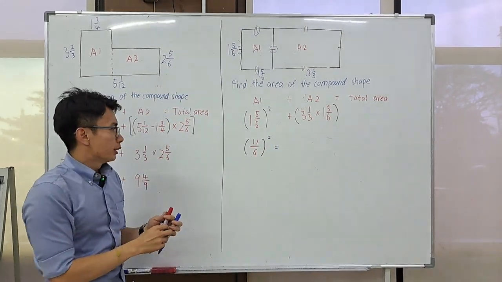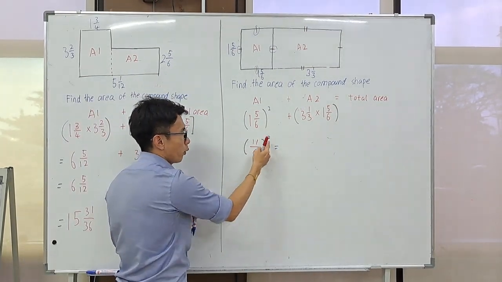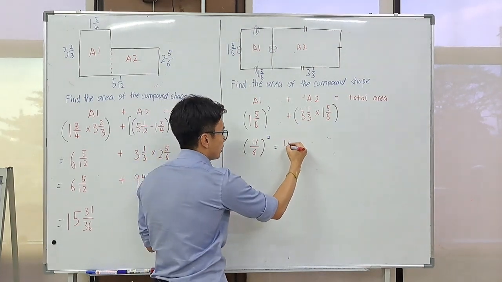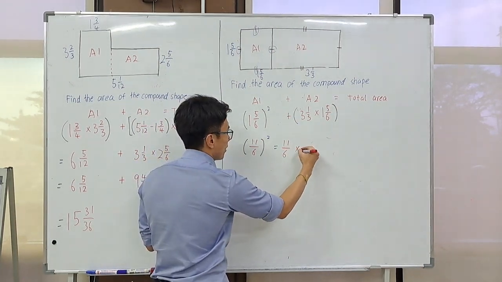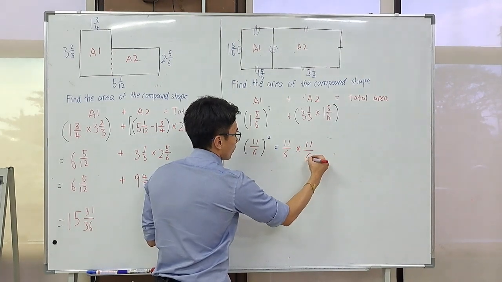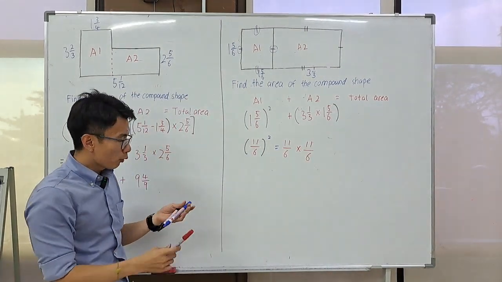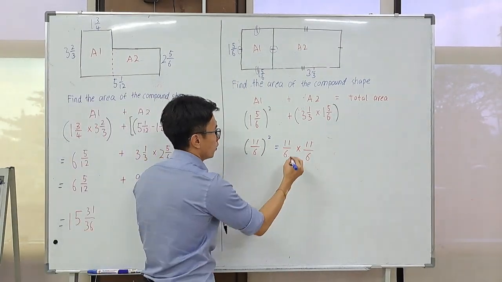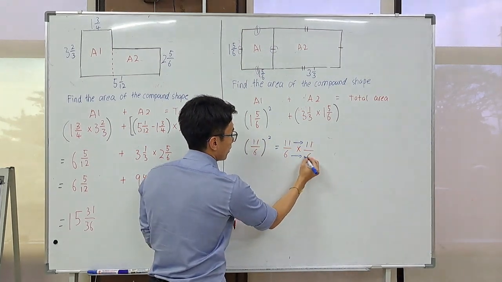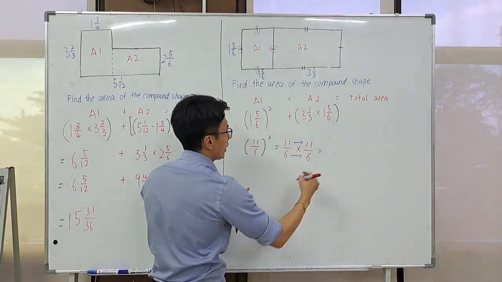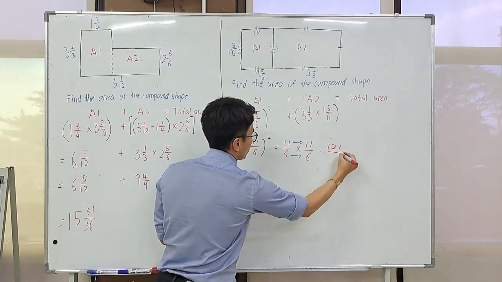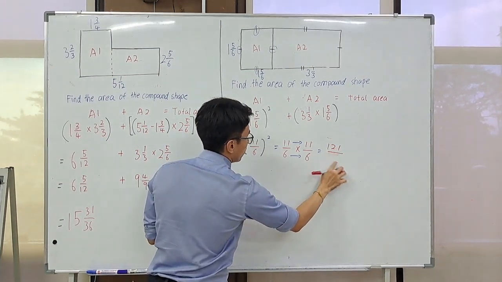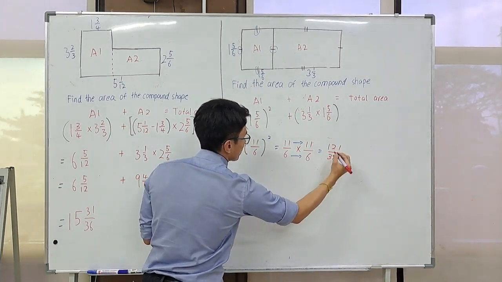Now let's work out what this means, because this fraction squared is basically saying that 11/6 is multiplying by itself. Based on the rule of fractions, top multiply top, bottom multiply bottom. So in the end, we will get 121 over 36.